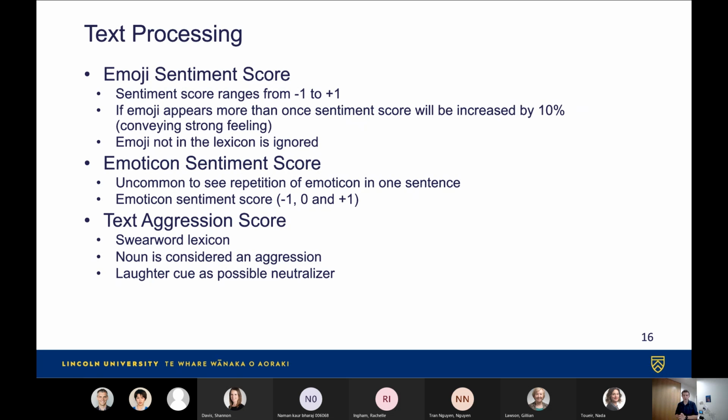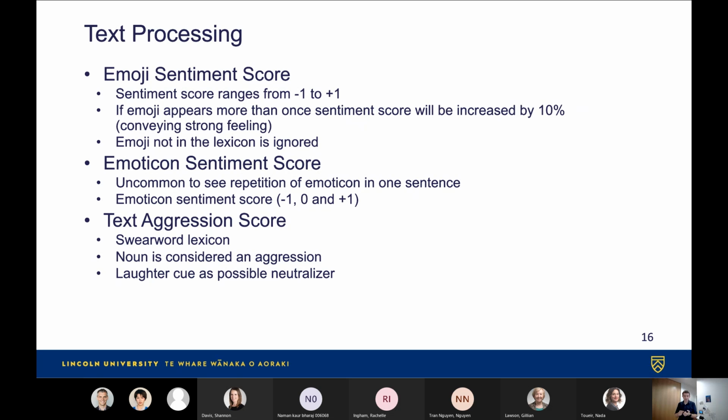So we're uplifting that by 10% to say there's a really strong feeling there. In this work, emojis that are not in the emoji lexicon, we've just ignored, so essentially assumed were neutral. Those lexicons tend to get updated over time as new emojis become prevalent.